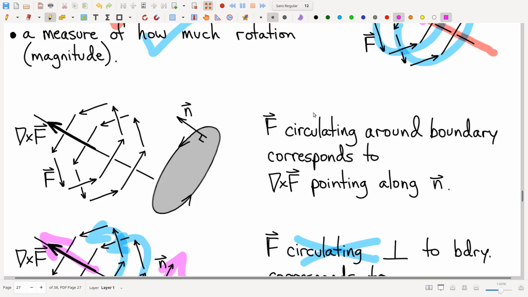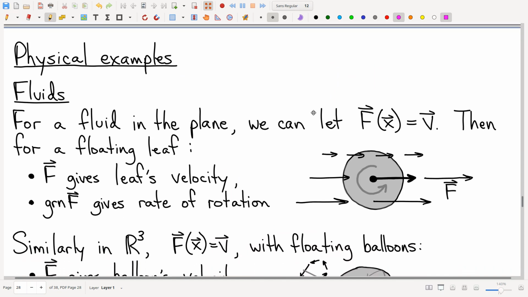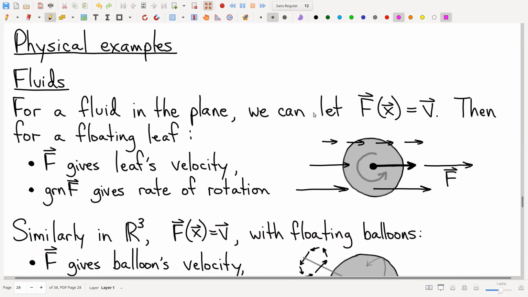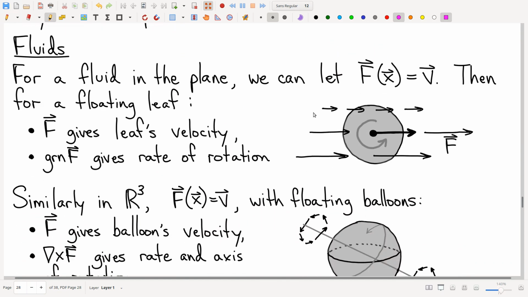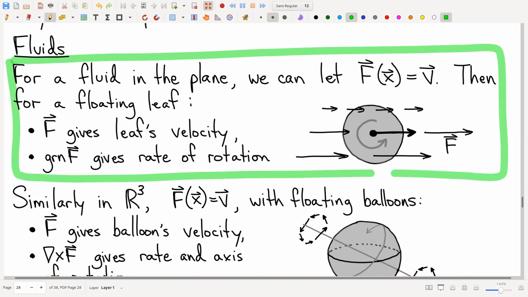All right, moving along. Let's do some physical examples. The first thing that I have here is a rip-off of stuff we talked about a while ago concerning Green's theorem. So the premise here is that we have some sort of a two-dimensional fluid. I like to think of the surface of a river, right? And the water is flowing along, and there might be rocks in there, and the water has to flow around.